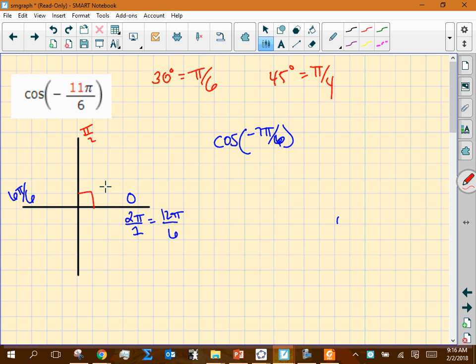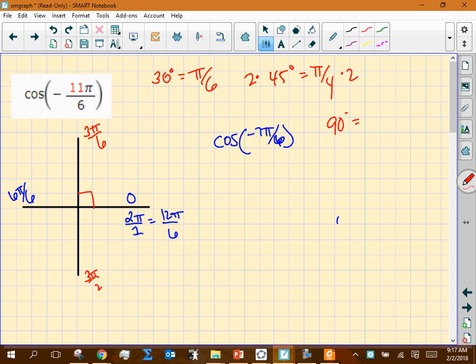Would you guys agree that that's 90 degrees? And if I double 45 degrees, that's 90. So it can be pi over 2 eventually when I reduce. But in regards to a denominator of 6, wouldn't you agree that that's 3 pi over 6? And this one here, normally it's 3 pi over 2.